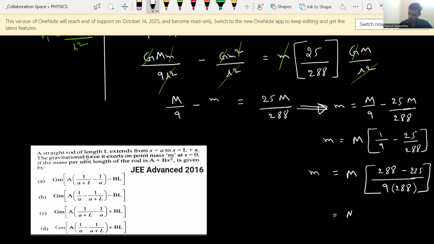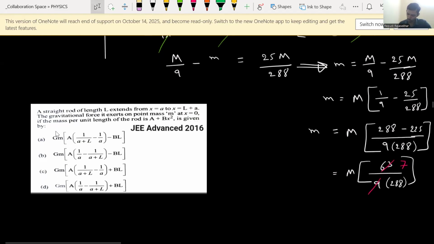So that capital M, 288 minus 225, so 63. So 63 divided by 9 into 288. Right. So here 9 one time, 9 7 times. So finally we got small m equals to capital M into 7 divided by 288.